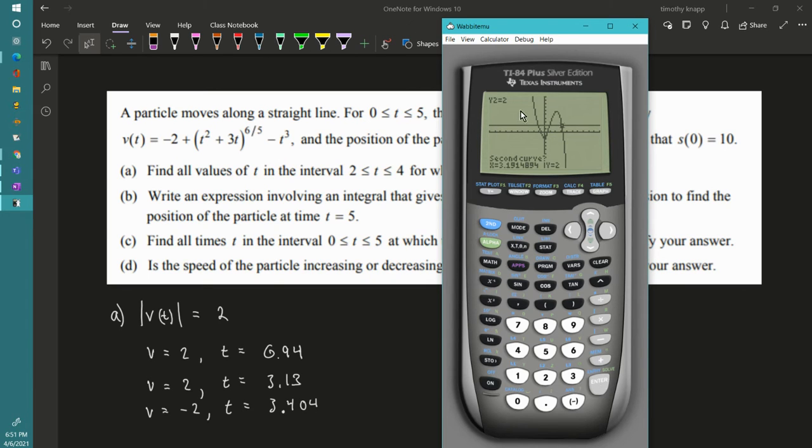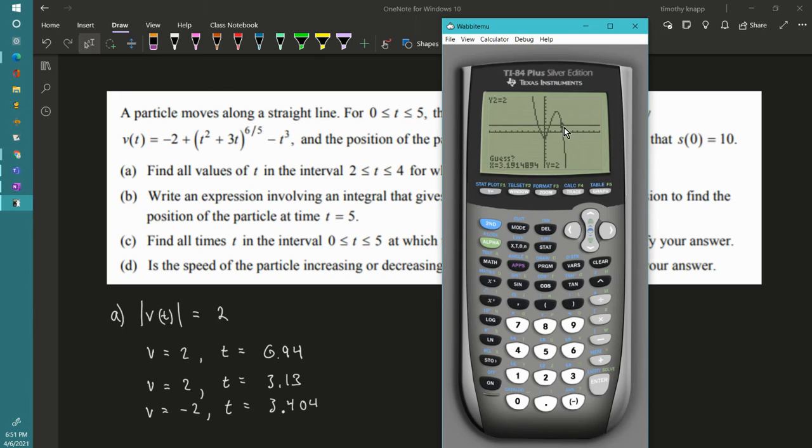And this is because you may actually have multiple graphs graphed on your calculator. I like to just have the 2 that I'm looking for. And then I hit enter again. That enter was telling me to choose this graph.